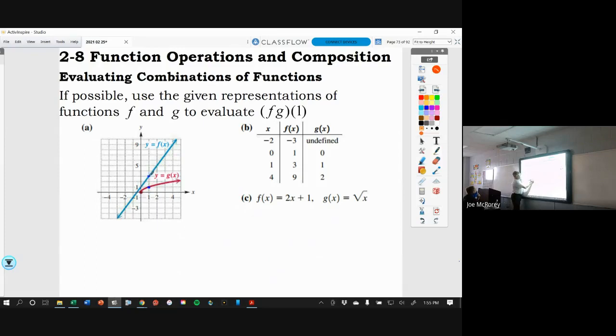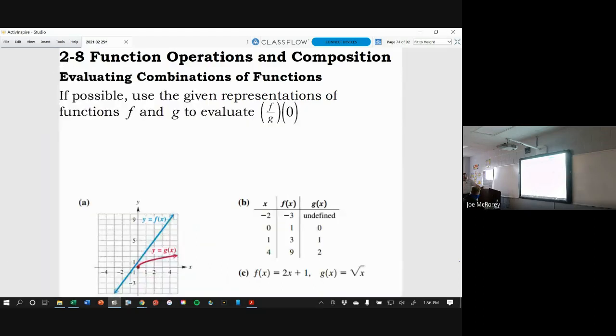There's a 1 and a 3. 1 times 3 is 3. So FG of 1 is 3.